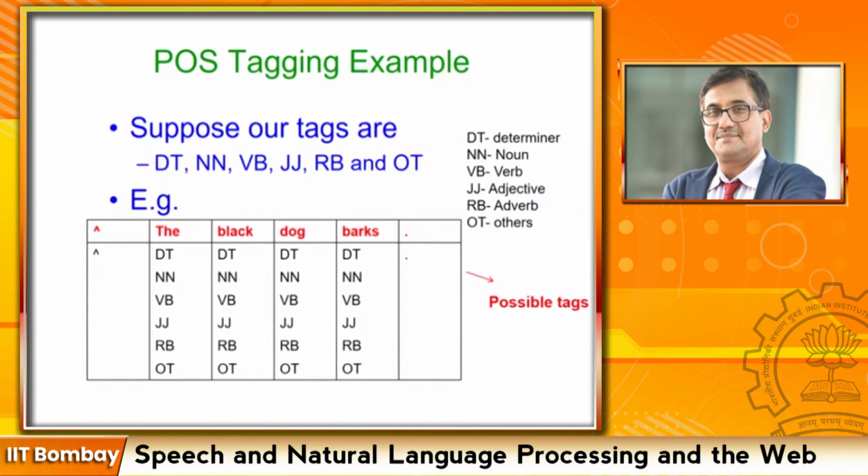So if you have a probabilistic finite state automaton with marked start state and marked end state, then you have a technique for finding the best possible path efficiently through the Viterbi algorithm.